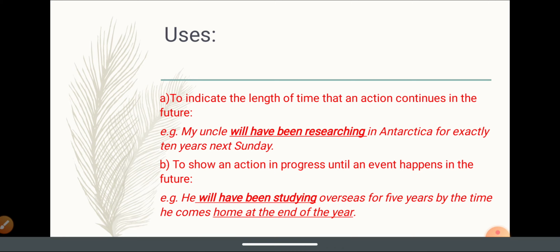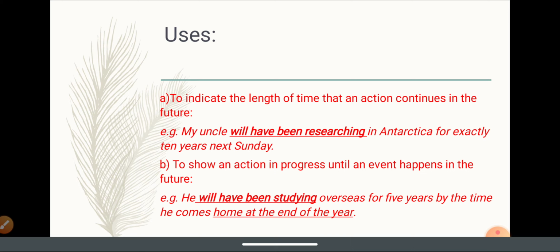So from next Sunday, for 10 years into the future, my uncle will be found continuing his research in Antarctica.